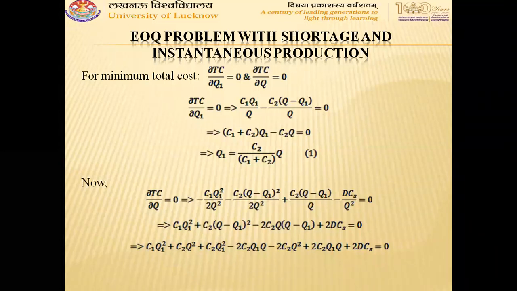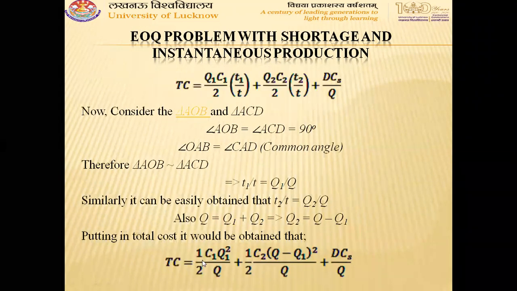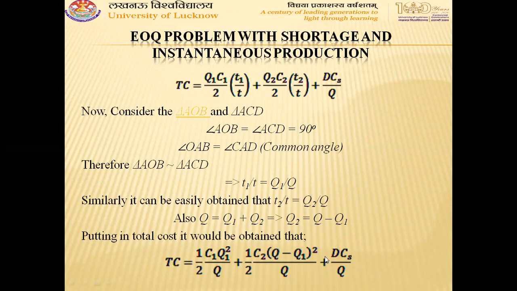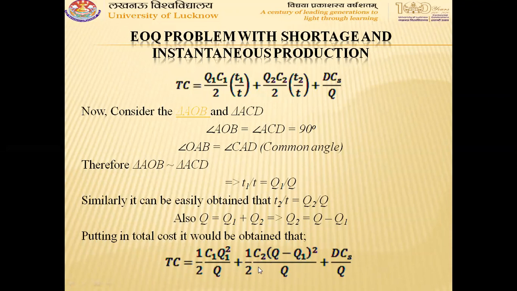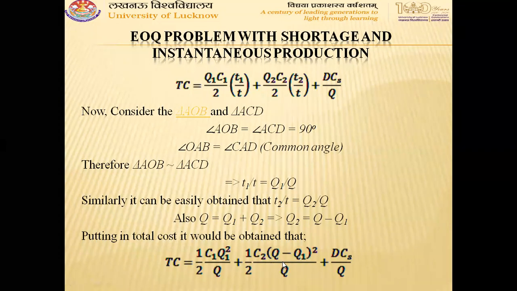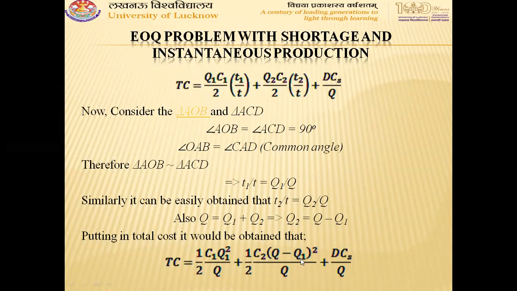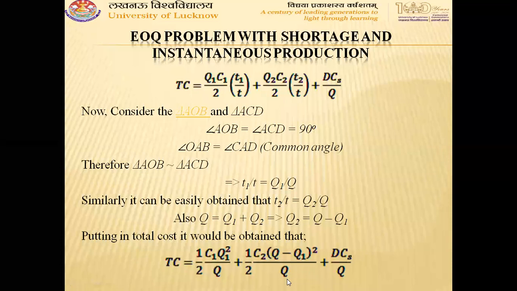Now the second term, that is del TC upon del Q equals to 0. So it will give minus half C1 Q1 square upon Q square, first term. Second term will be divided into two parts. First is the numerator term and second is the denominator term. So these two are differentiated separately, or using differentiation by parts, the second term will become C2 Q minus Q1 upon Q minus half C2 Q minus Q1 whole square upon Q square.